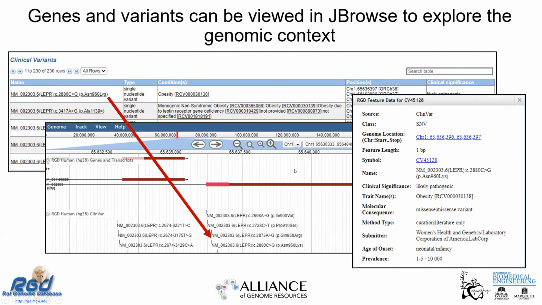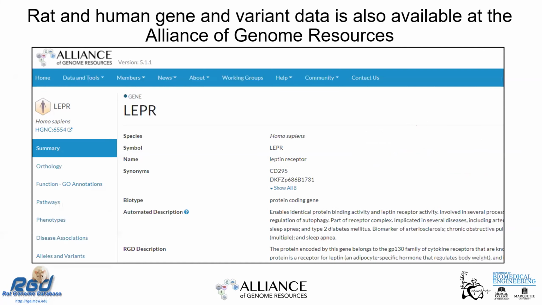So rat and human gene and variant data is also available at the Alliance of Genome Resources. I understand that you got an overview of the Alliance from Carol Bolt and Cindy Smith in the past, so I'm not going to go into great detail, but I do want to show you some things that have to do with the rat and human genes and variants at the Alliance.